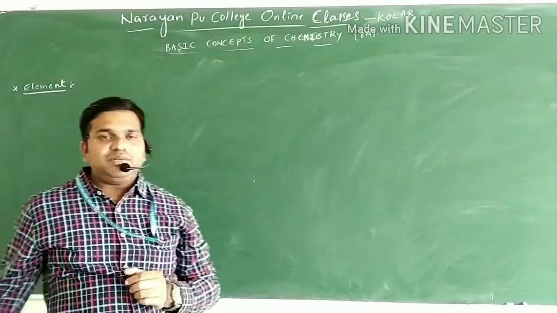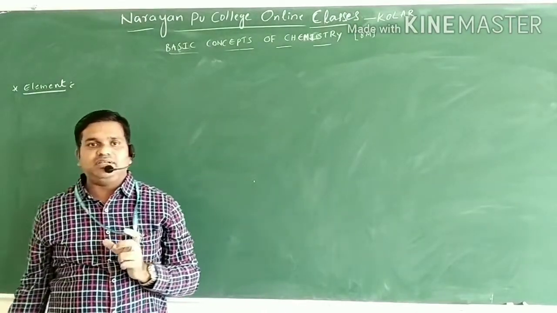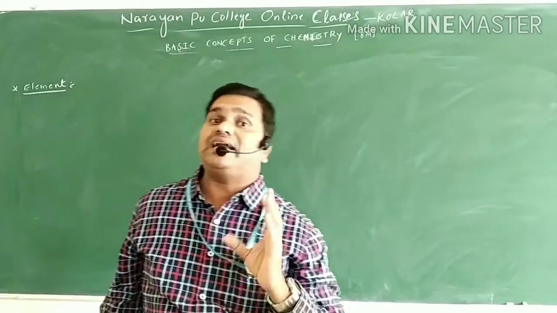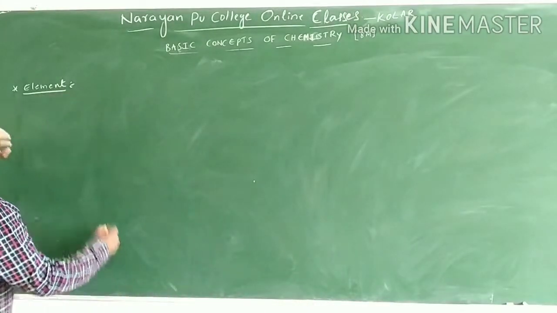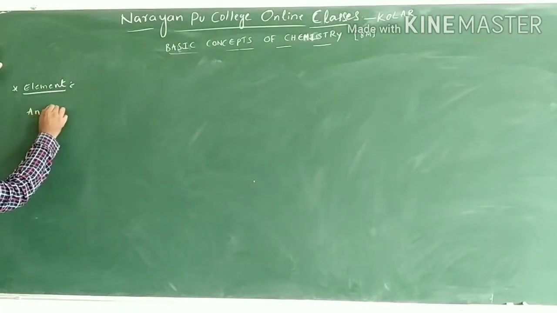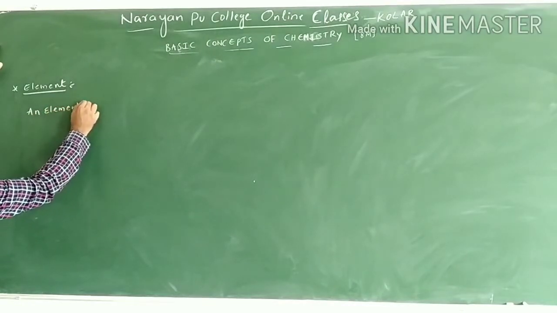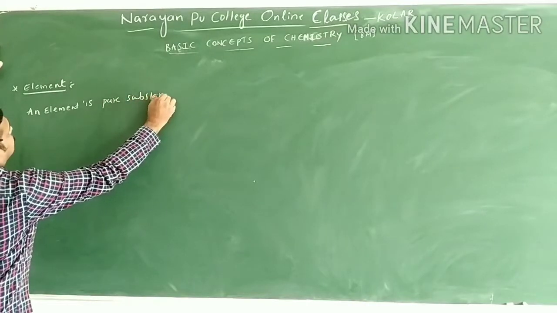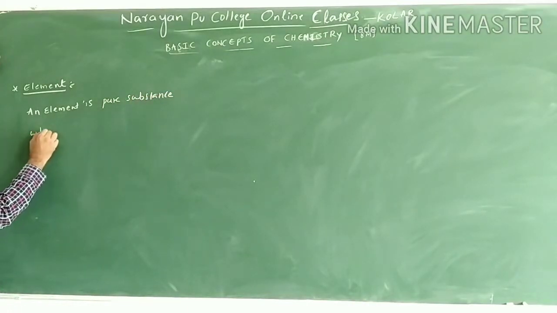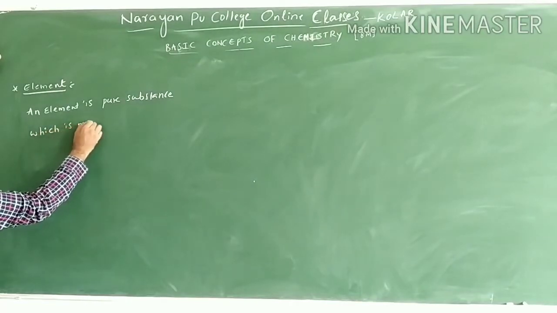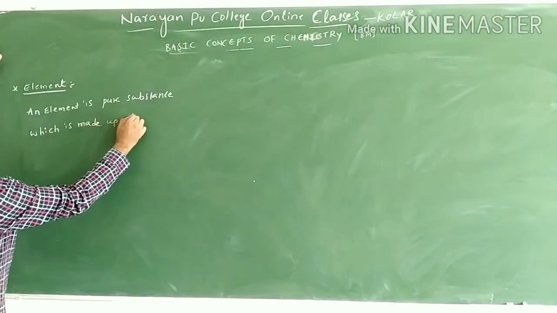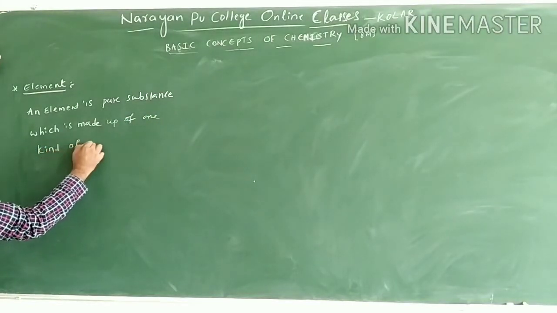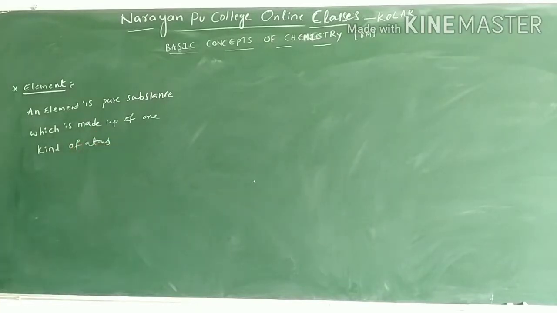An element is a pure substance which is made up of one kind of atoms. One kind of atoms only.